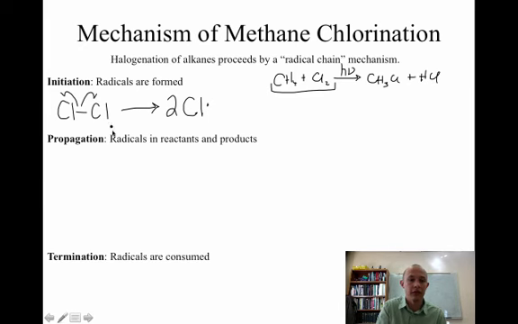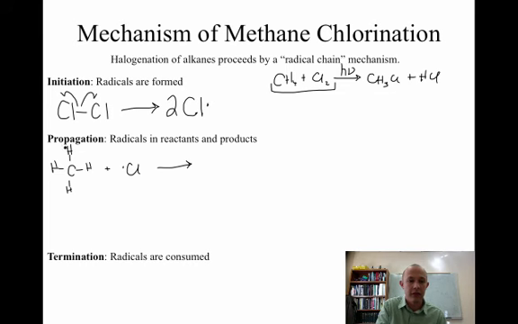And let's look at those species. So these are going to be called our propagation steps. So methane can bump into a chlorine radical, and this chlorine radical is very hungry for electrons, right? It has an unpaired electron and wants to steal an electron away from any bond that it sees.